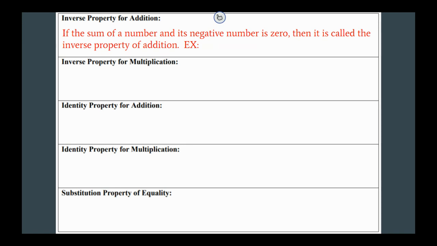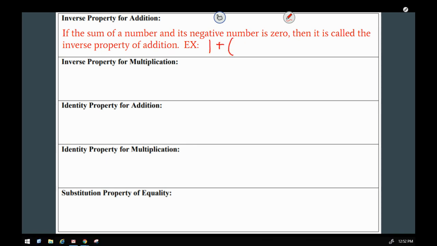Okay, so for example, Cam, what's your favorite number? 1, alright? So if I do 1 plus -1, that gives me 0. That is an example of the inverse property of addition. Okay, what do we use when we don't know what number it is? You're writing an equation and you don't know the number, you use x. So x plus -x will always give you 0. Inverse property for addition.